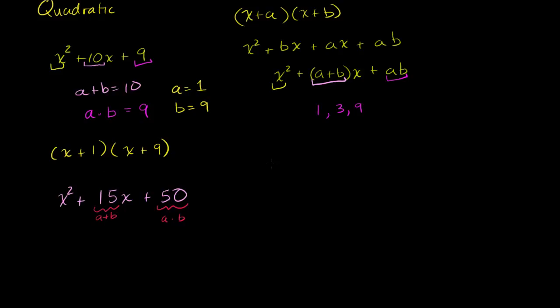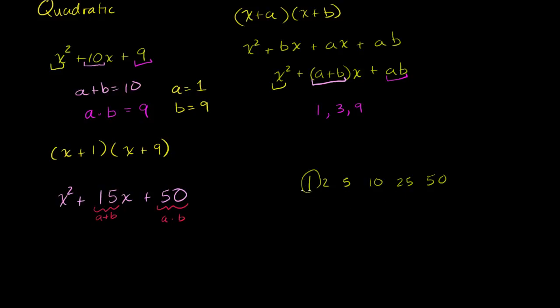So what could a and b be? Let's think about the factors of 50. It could be 1 times 50, 2 times 25. See, 4 doesn't go into 50. It could be 5 times 10. I think that's all of them. Let's try out these numbers and see if any of these add up to 15.